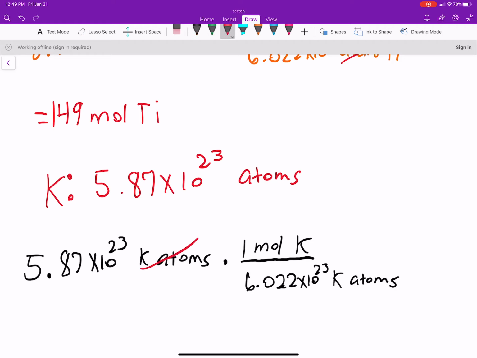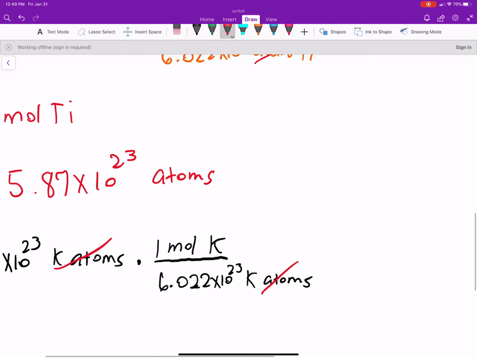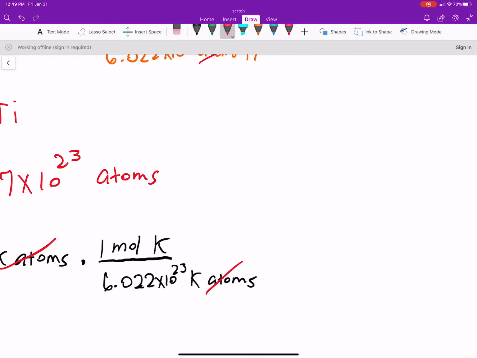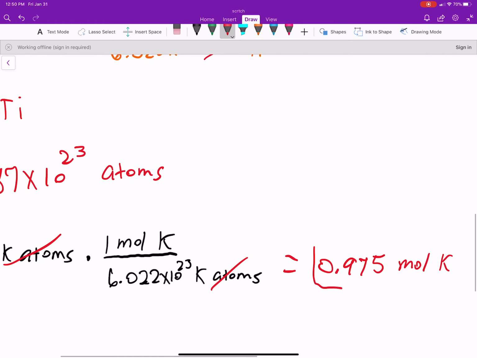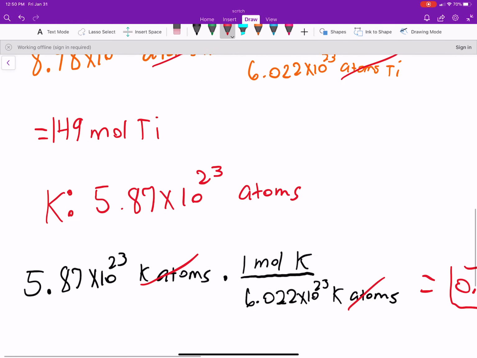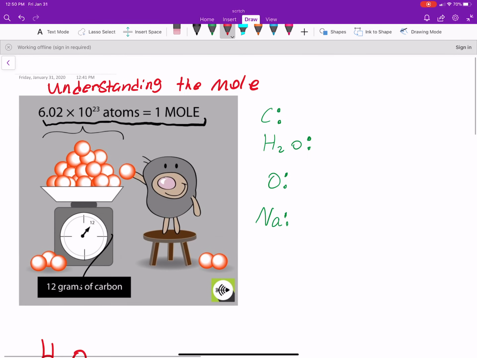And then these drop, and after you plug this in, you get about 0.975 moles of potassium. So hopefully that makes sense. That's the first bit of working with a mole, and hopefully we can do more.